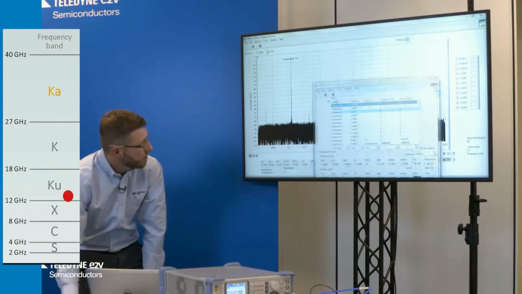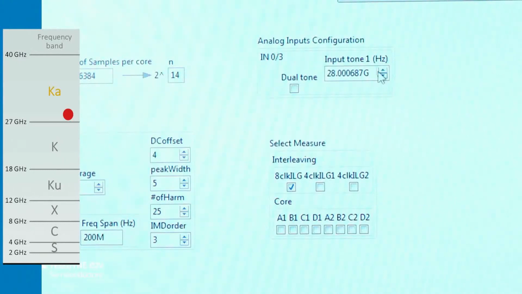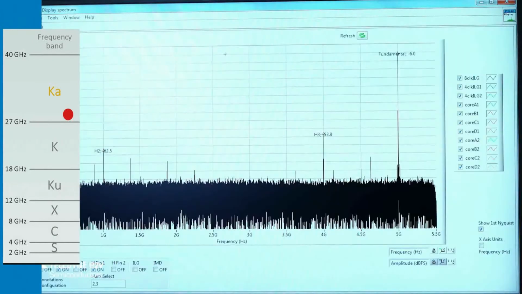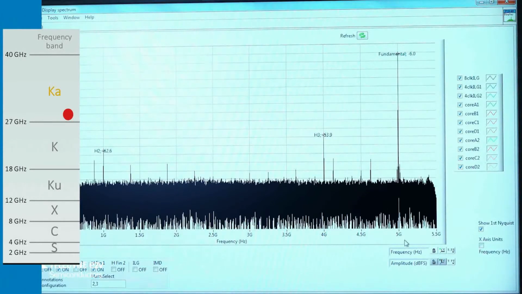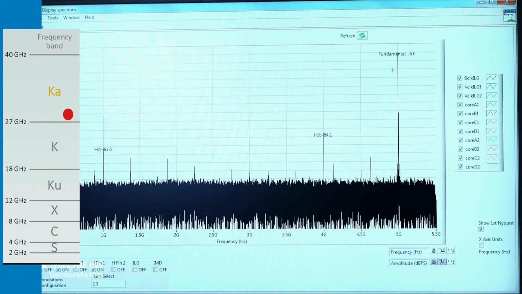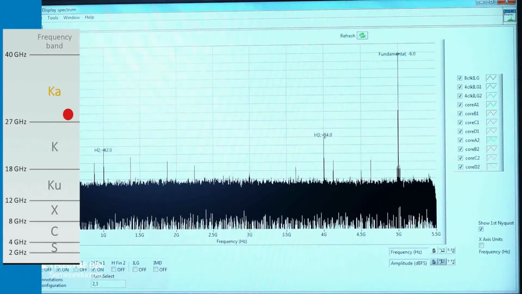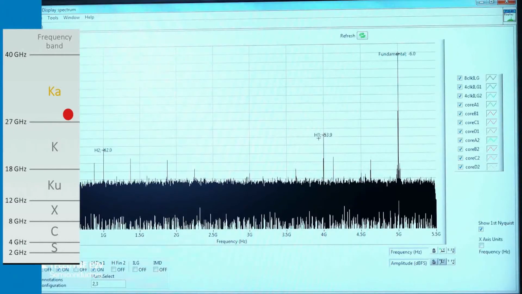Then I will move to the Ka band. So the last frequency I will show is in the Ka band, with an input signal at 28 gigahertz. Here the acquisition is launched and the spectrum plot is shown. You have the fundamental tone folded back at 5 gigahertz and with the harmonics, a third harmonic making the spurious-free dynamic range around 54 dB relative to the full scale.